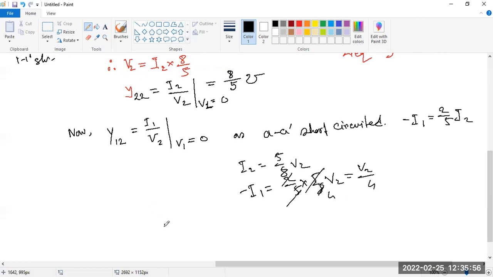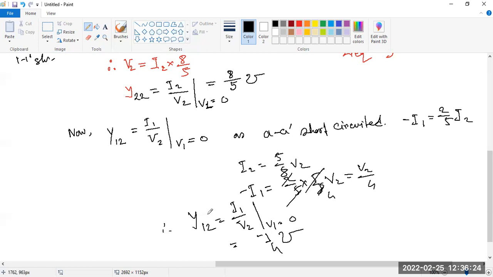Now we have to find out y12 equal to I1 by V2 when V1 equal to short. So we have to put the value of I1 and put the value of V2, then we can get, that is ultimately minus 1 by 4 mho.